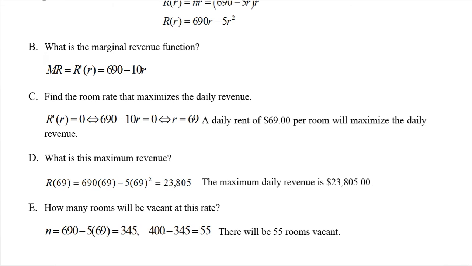So if they want to maximize their income, they will set the rate at $69 a day. They're going to end up with some vacant rooms, but they will maximize their revenue at that point.